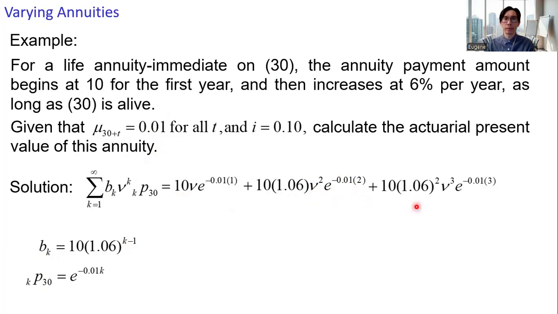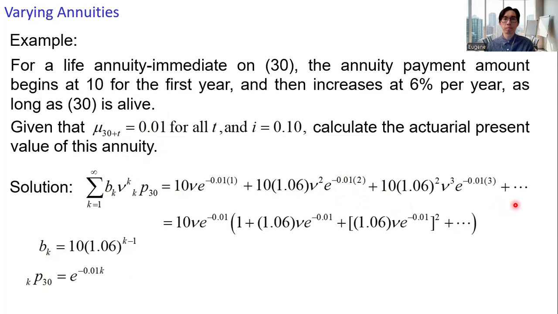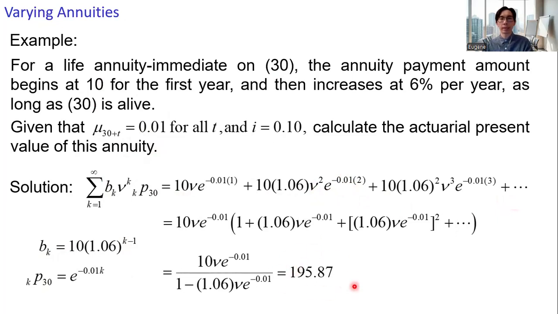The third term, etc. This is a geometric series. And upon calculation, we get the answer. The actuarial present value of this annuity is 195.87.